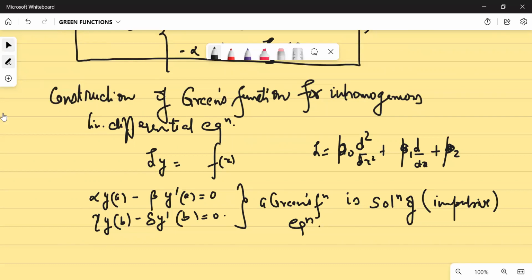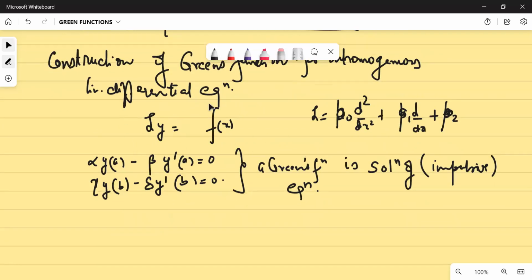So what happens is, given this differential equation, I can write the solution of this particular differential equation using a Green's function. But first we have to find what would be the Green's function. So Green's function would be nothing but the solution of this particular differential equation had this f(x) been replaced by a Dirac delta function. So I'll write it right away here. Green's function is a solution of an impulsive equation given by Lg equals Dirac delta of x minus zeta.